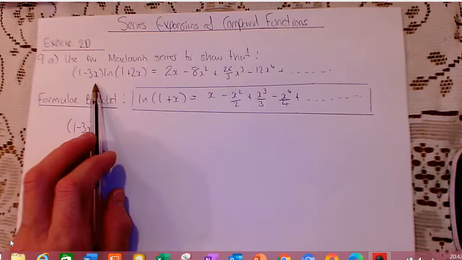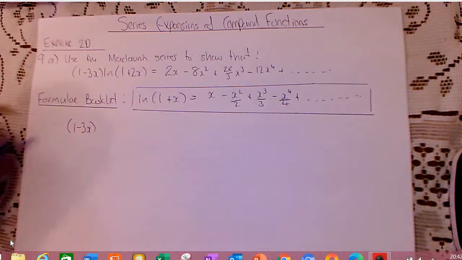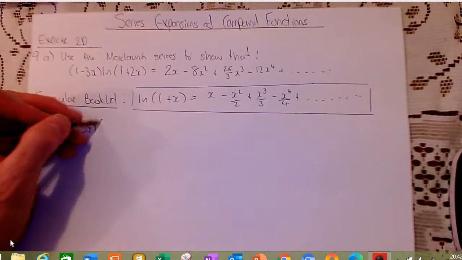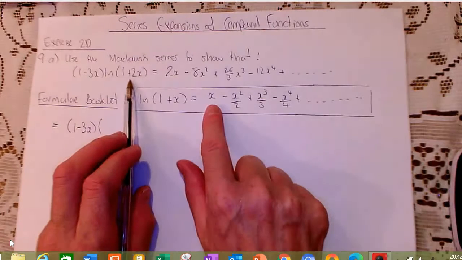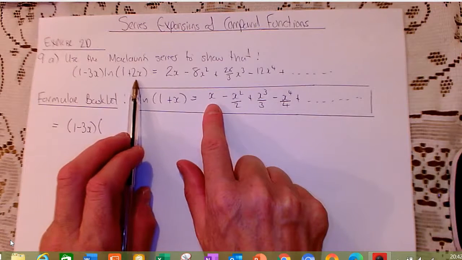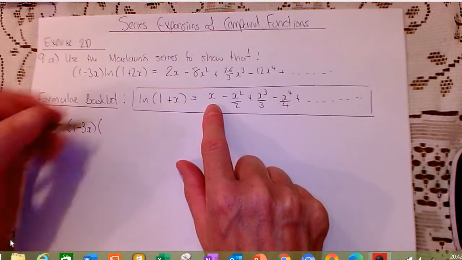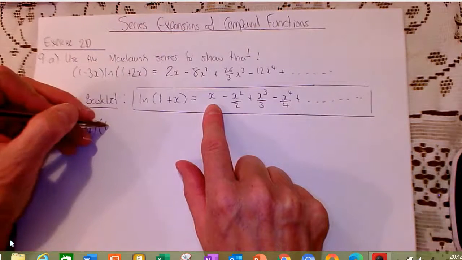So 1 take 3x ln of 1 plus 2x is going to turn into 1 take away 3x, and then here all I'm doing is replacing my x's with a 2x, because everything else is the same here, isn't it? So I'll just put brackets around them for now.